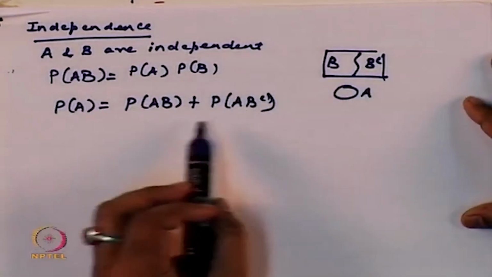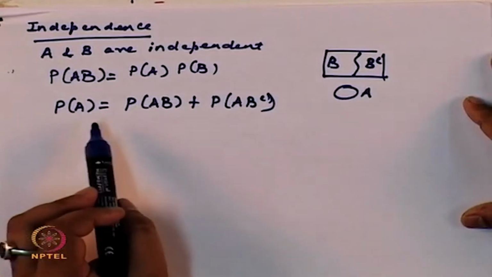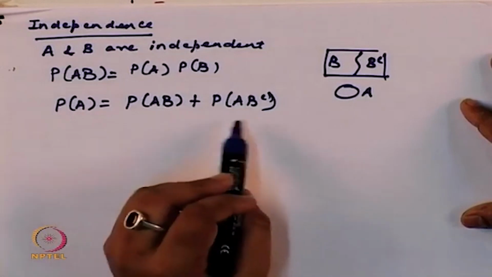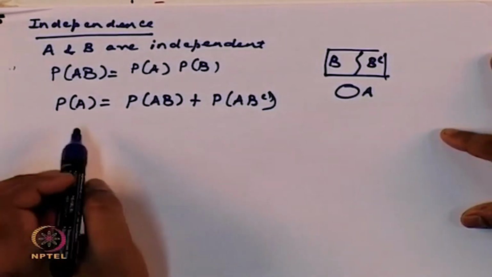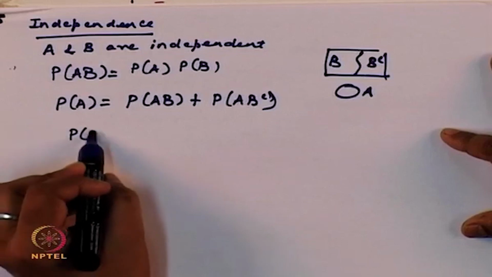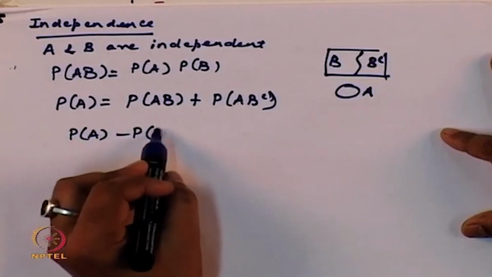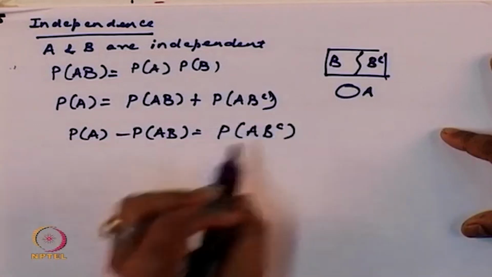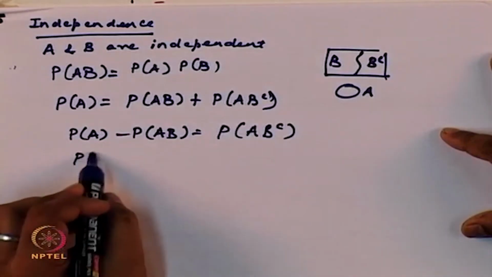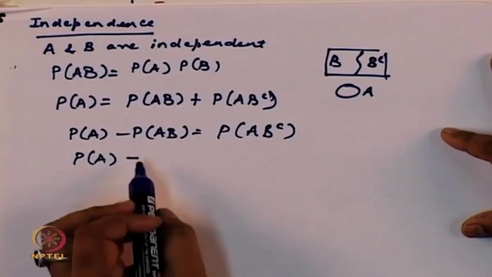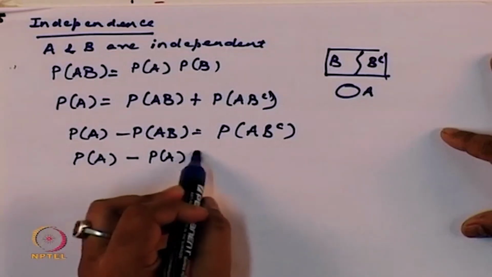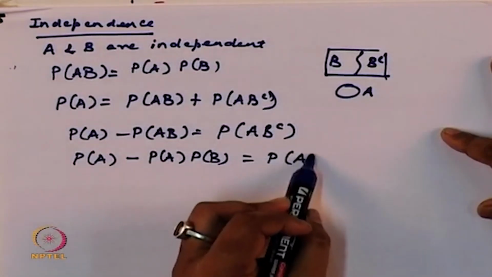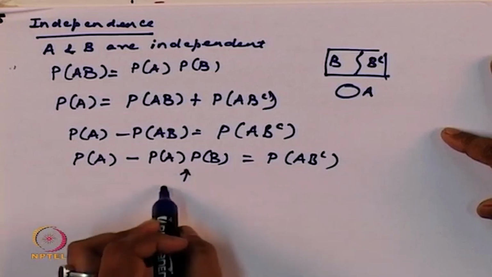P of A is P of AB plus P of A B complement. Now, I can take it to the other side: P of A minus P of AB equals probability of A B complement. I have invoked independence here.